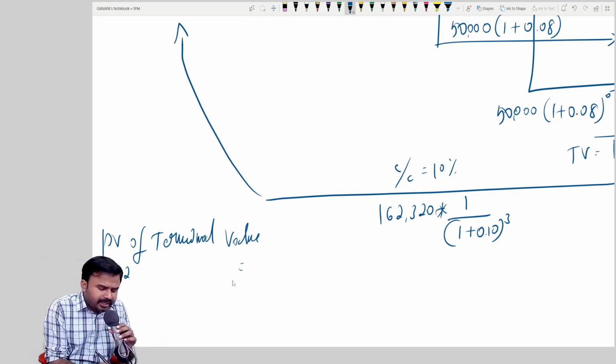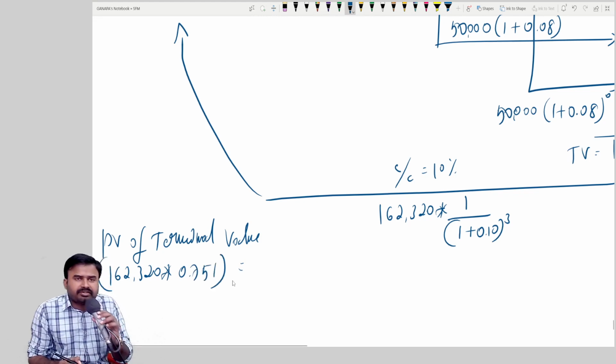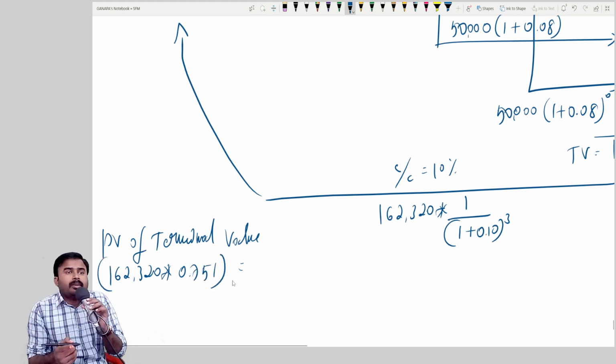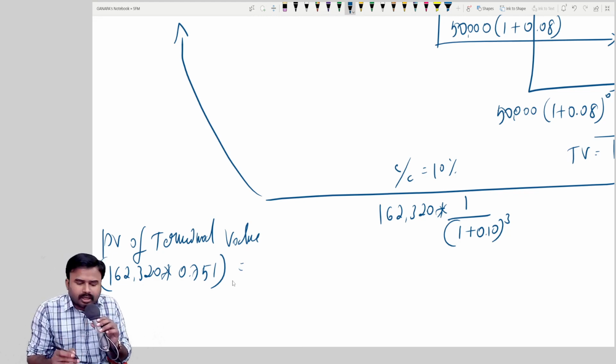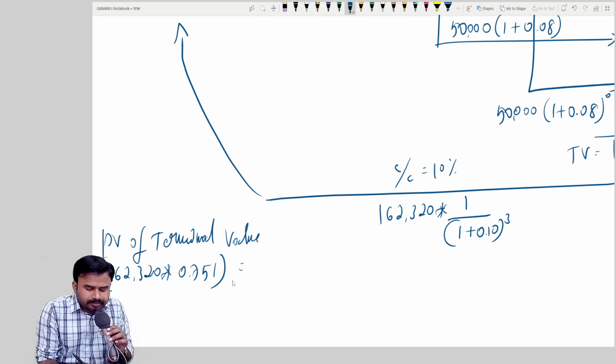I will write it again: 162,320 into 0.751. This is your present value factor at the end of third year at cost of capital rate. Remember one thing, while discounting, I must use cost of capital only under the modified NPV method. That gives 121,953.